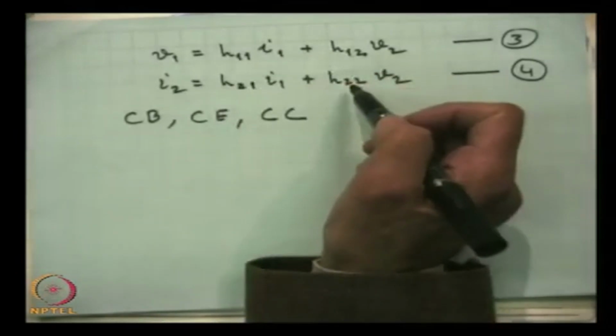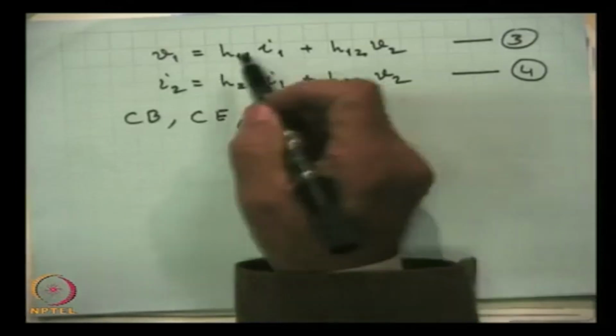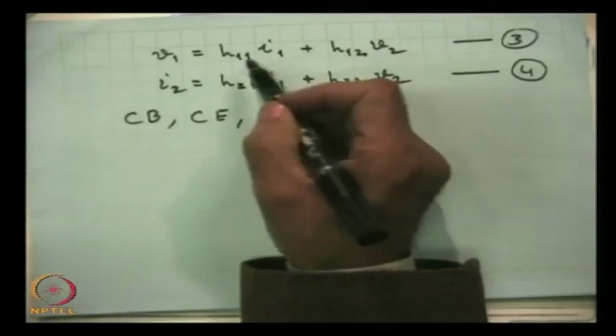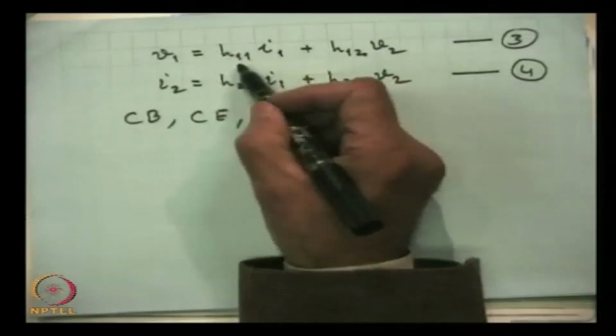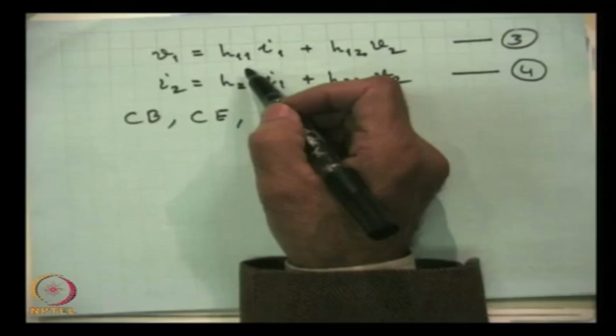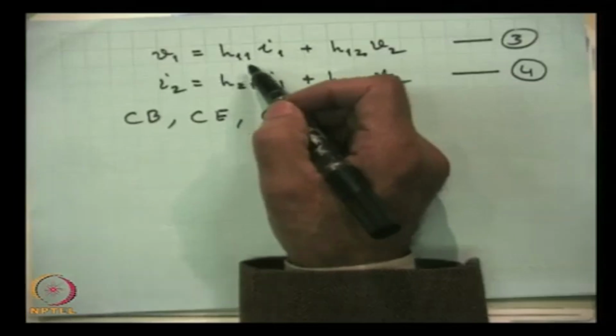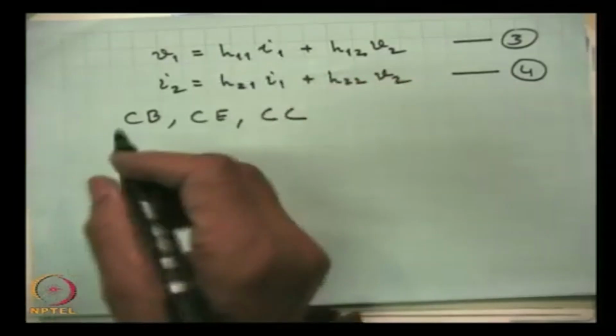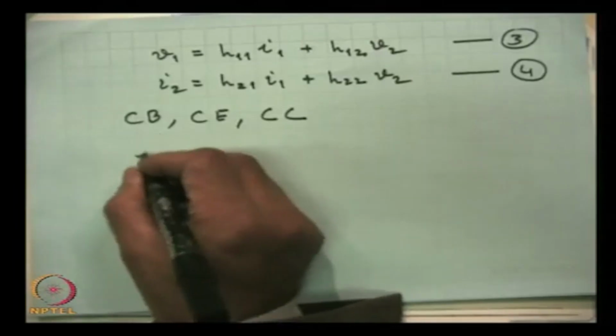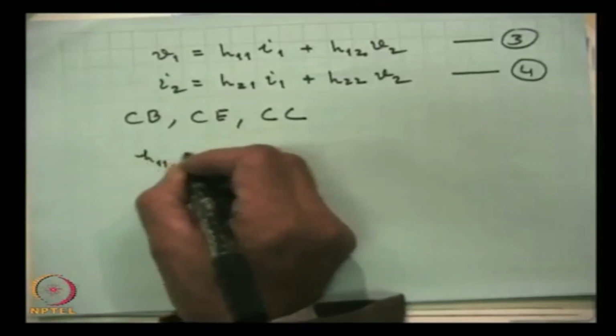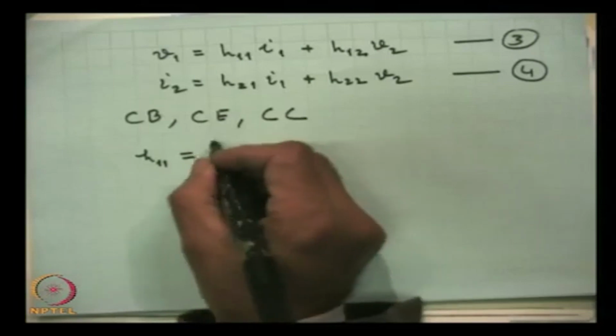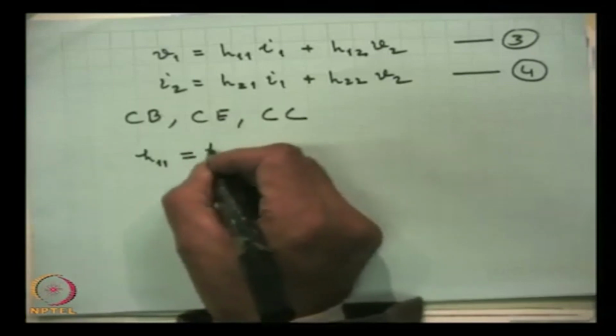And now, these are the H parameters, 4 H parameters, and the hybrid nature of these parameters will soon be clear. As I said that H11 has the dimensions of impedance. So, this is actually H11 is often written as Hi.